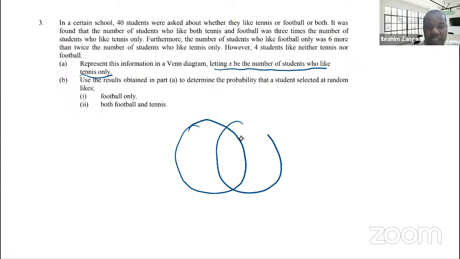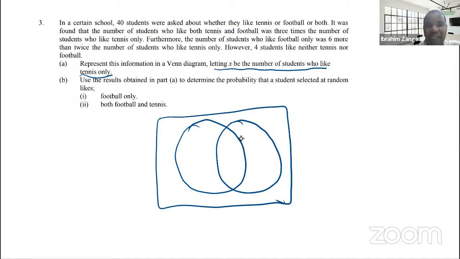So you have 2 sets, those who like tennis and those who like football, or those who like both of them. Now it was found that the number of students who like both tennis and football was 3 times the number of students who like tennis only.